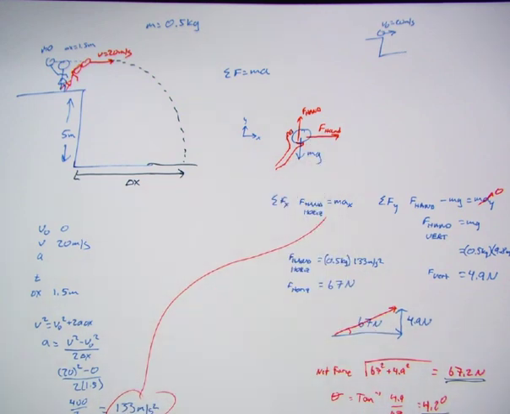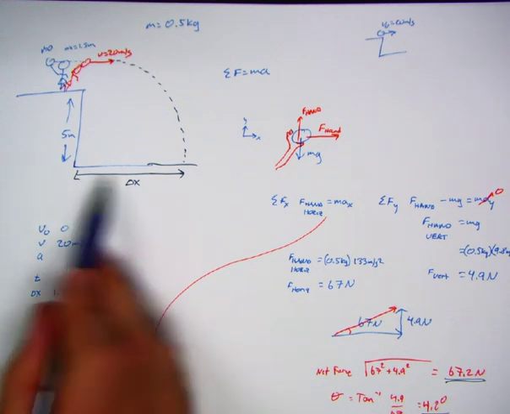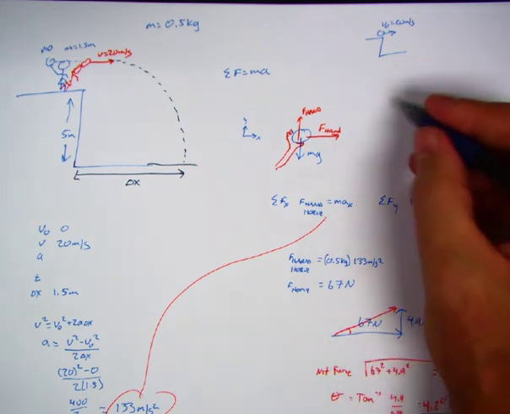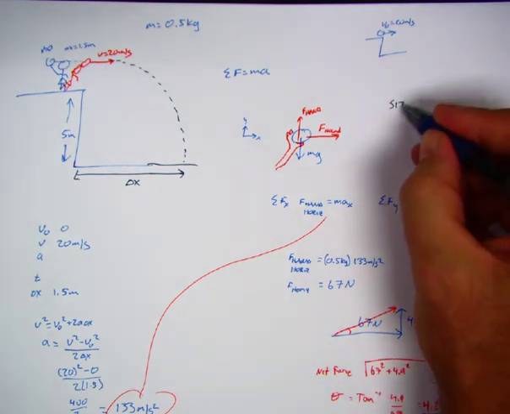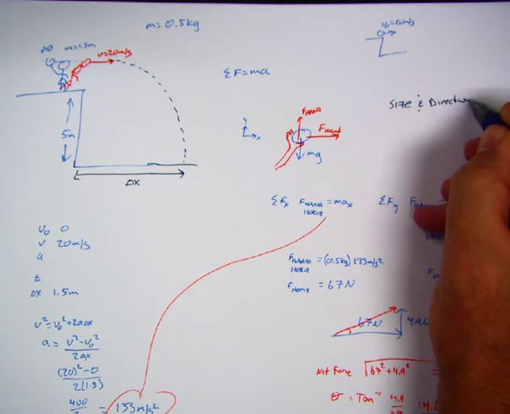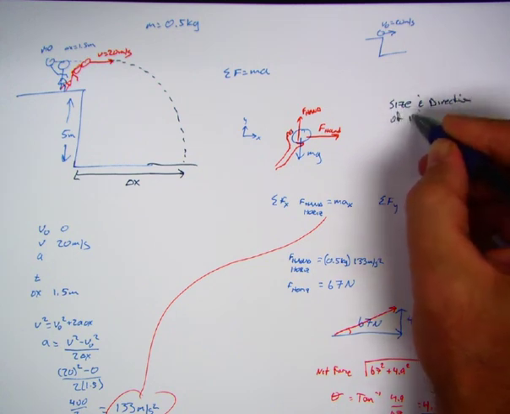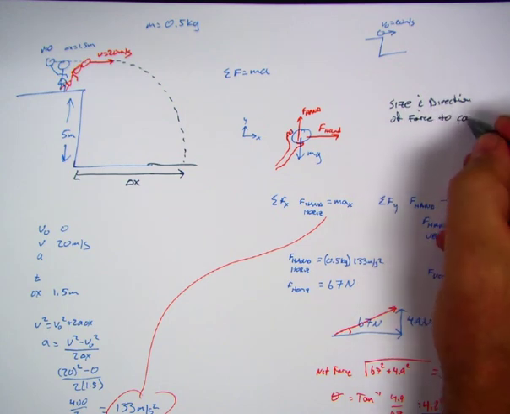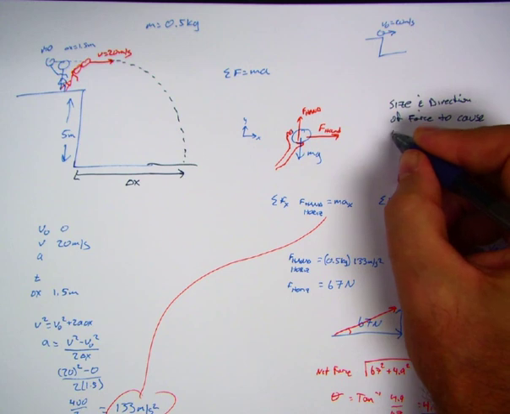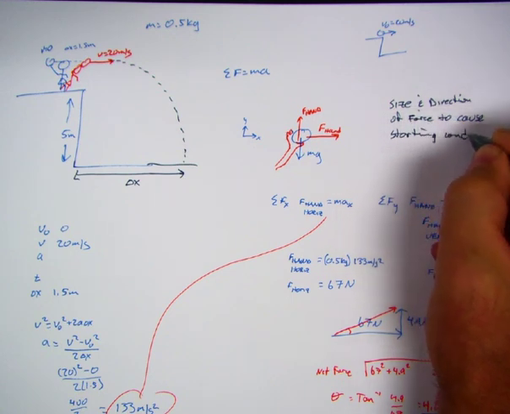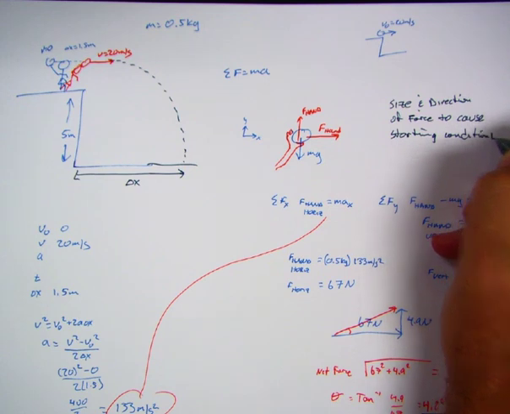Okay, so if the original question, maybe it was something about x, it turns out that I'm really interested in what is the size and direction of the force to cause our starting conditions, right? This is always the problem we had.